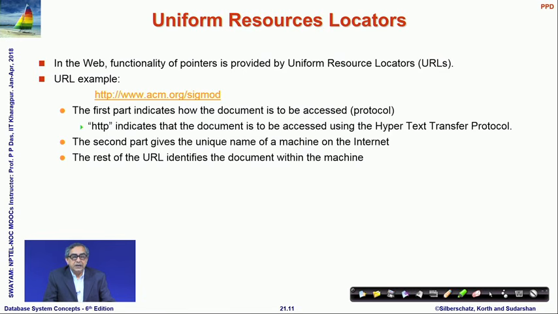You will understand this is a symbolic name, and the actual machine has what is known as an IP address, and we will not go into those details, but for us it is enough to understand that www.acm.org here is uniquely relatable to a particular machine on the internet. And the last part which is remaining, sigmod, and if there are more and more parts, then it identifies the document within that machine.